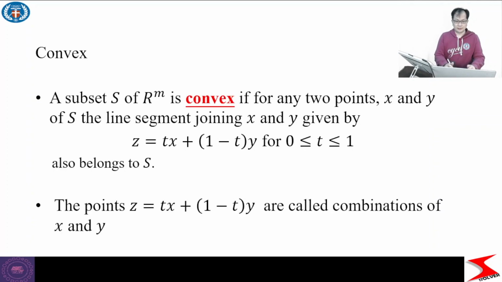First, we need to know the concept of a convex set. What is convex?